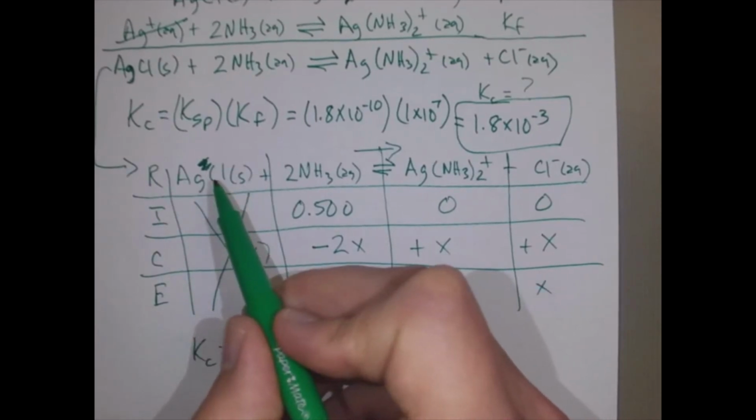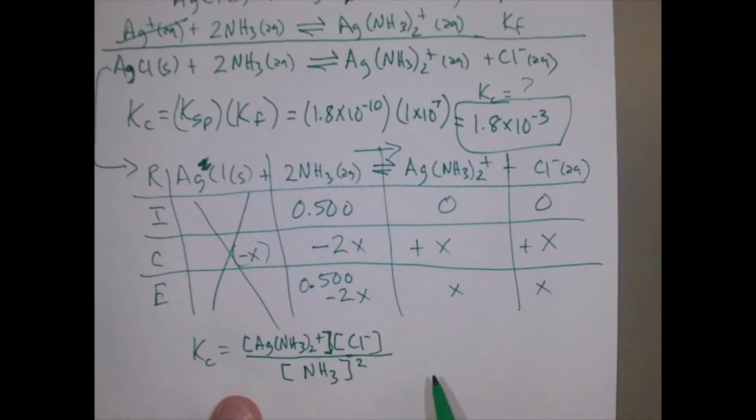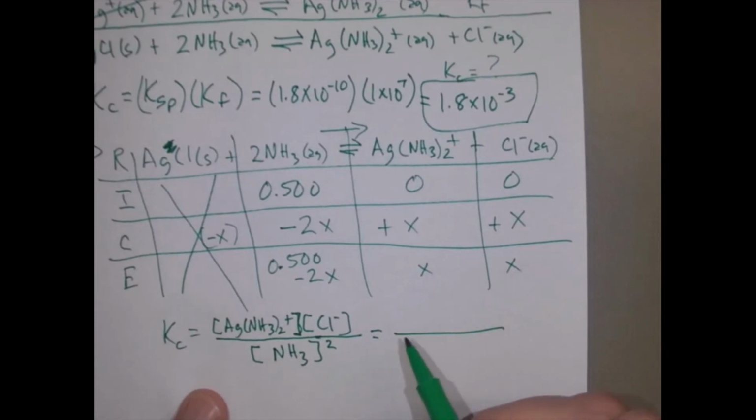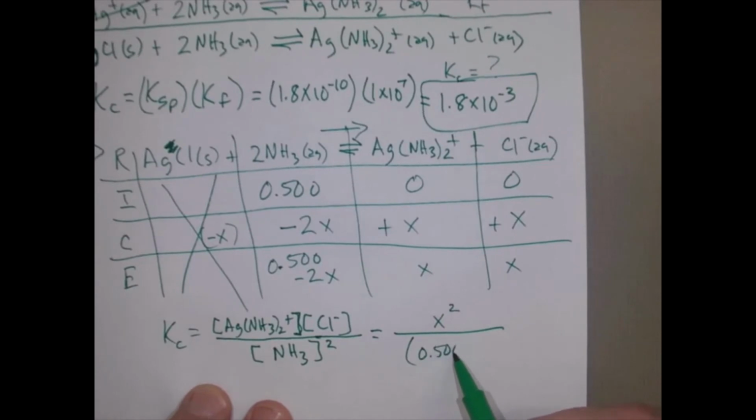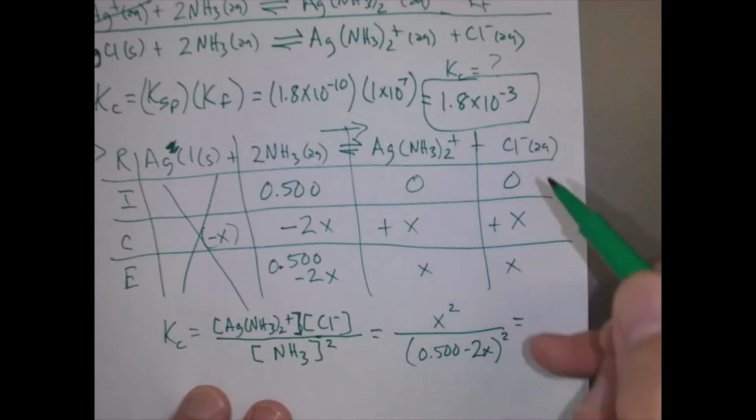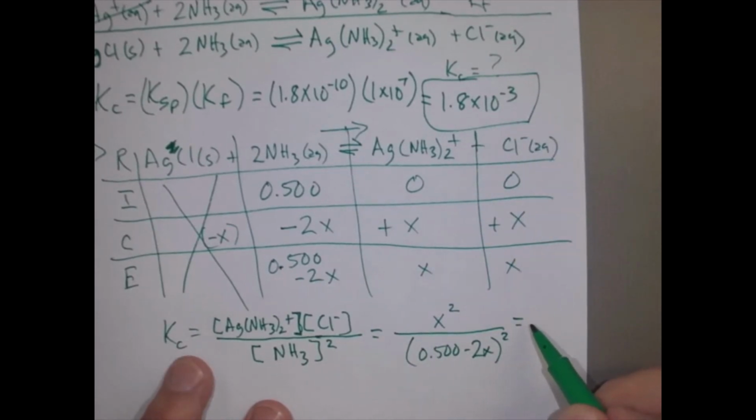I leave out the AgCl because it is a solid. Then I plug in the terms from my RICE table: x squared over 0.500 minus 2x, all that squared, equal to the equilibrium constant for this reaction, 1.8 times 10 to the minus 3.